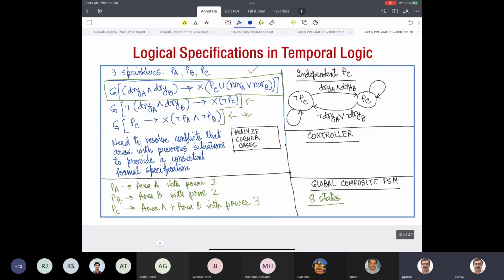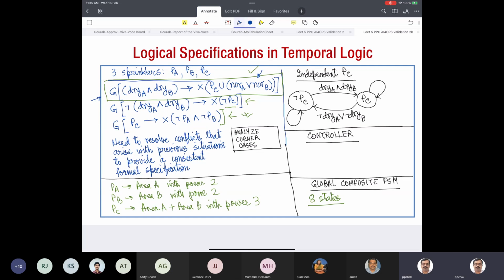Then we went to the three sprinkler definition, where we wanted a third sprinkler which will ensure that whenever both are wet, the third sprinkler will be on. So we rewrote for the third sprinkler, saying the rule is G, dry A and dry B means the third sprinkler is on until either one of them becomes normal.